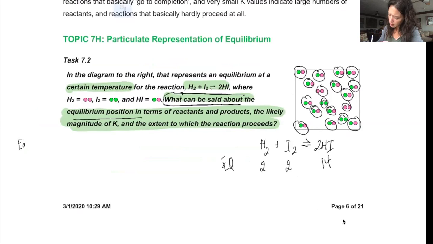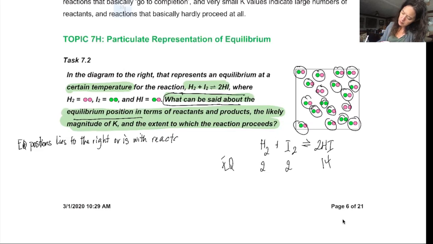We would say the equilibrium position lies to the right, or is with the reactants. Oh gosh, products, sorry. I'm so glad I caught that. Is with the products over to the right, right?